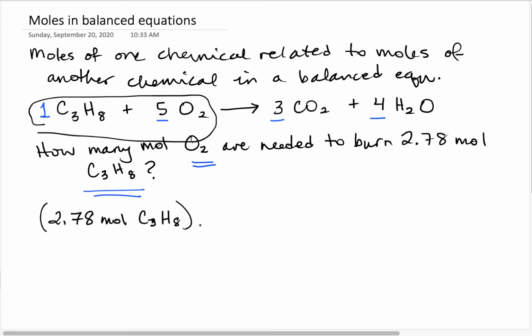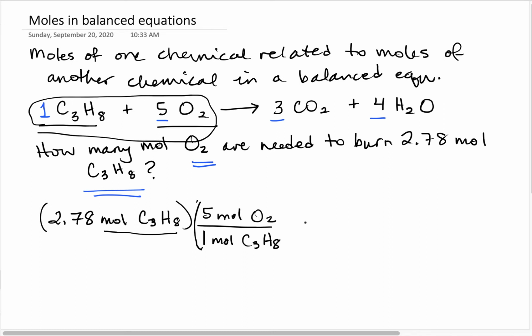And the unit conversion factor that we can see is that 1 mole of C3H8 reacts with 5 moles of O2. Since we want to get rid of moles of C3H8, we'll put that 1 mole of C3H8 on the bottom, and then 5 moles of O2 go on the top.